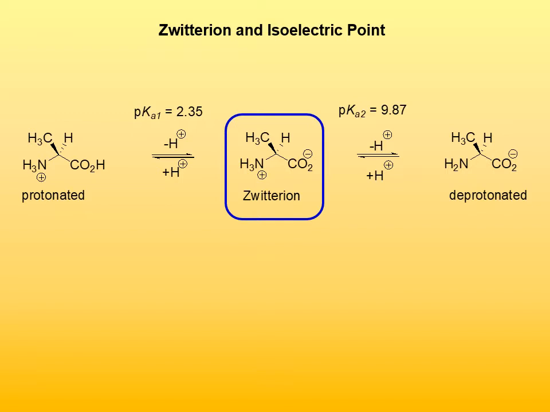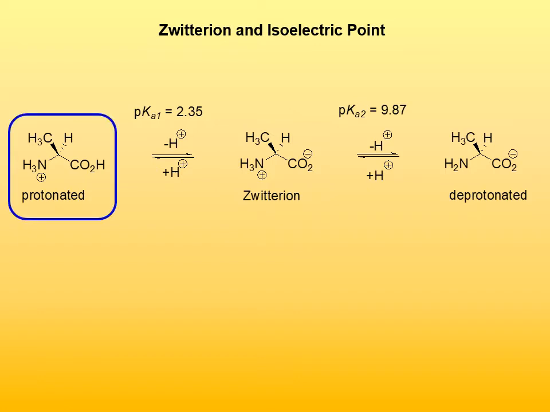In a Zwitterion, we have an ammonium group and a carboxylate anion. Each one of those groups is capable of donating or accepting a proton. That means that effectively there are two acidic groups. And that in turn means that there are two pKa values for any amino acid. So besides the Zwitterion form, an amino acid could exist in a protonated form, and that's the form in which the carboxyl group is protonated.